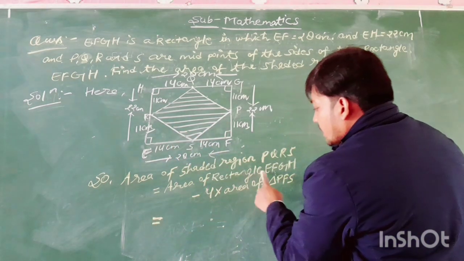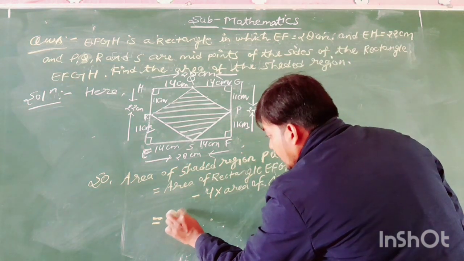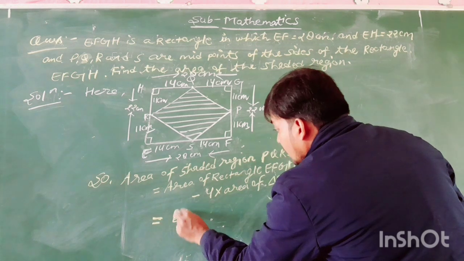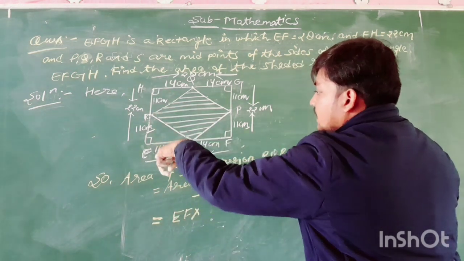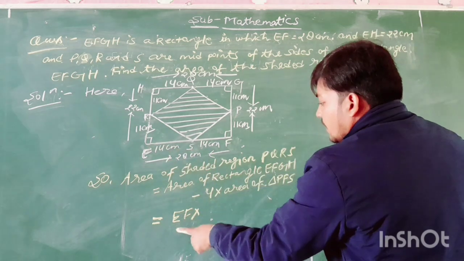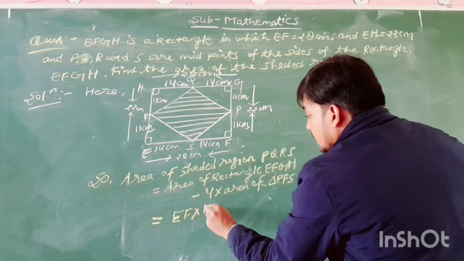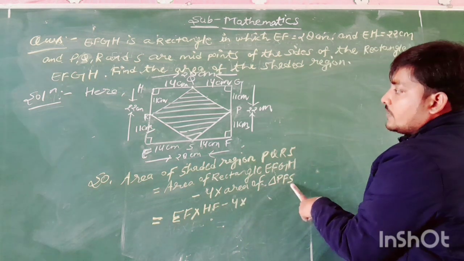Area of a rectangle EFGH is equal to length into breadth, EF into HE, minus 4 into area of triangle PFS.